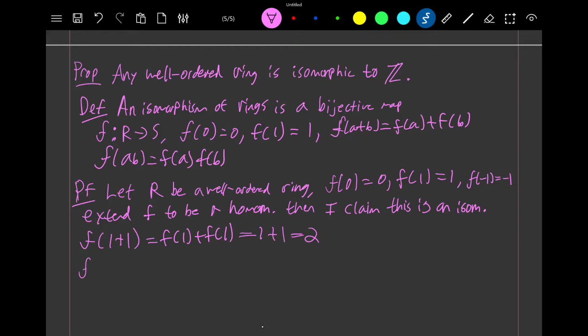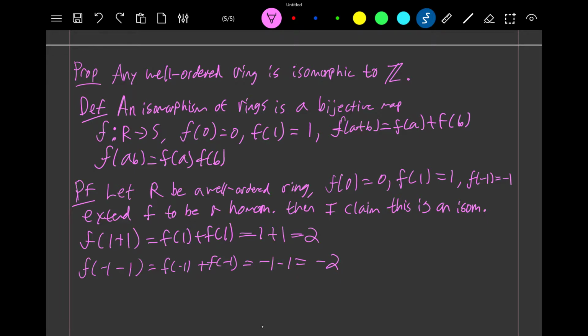And similarly, f of -1 minus 1 is f of -1 plus f of -1, which is -2. So that's what I mean when I say to let f be a homomorphism, or to extend this rule to a homomorphism.